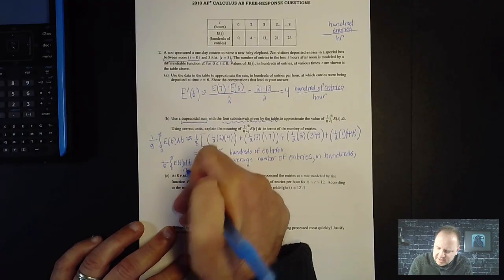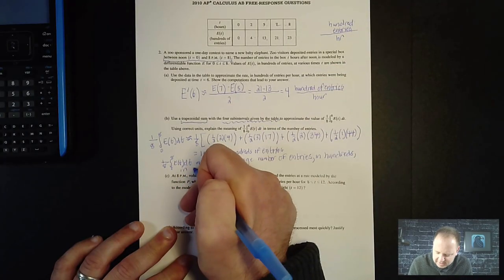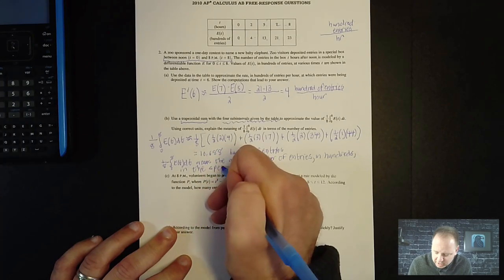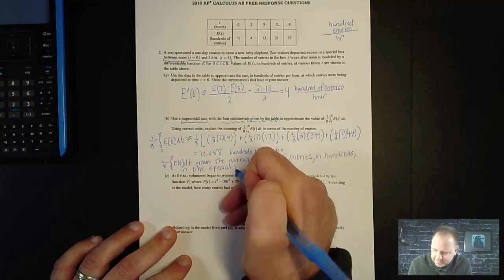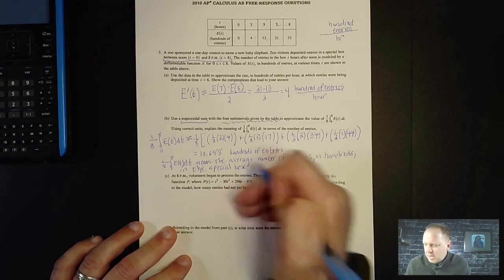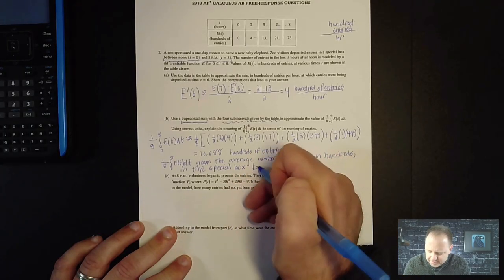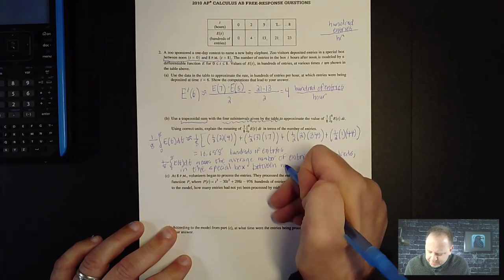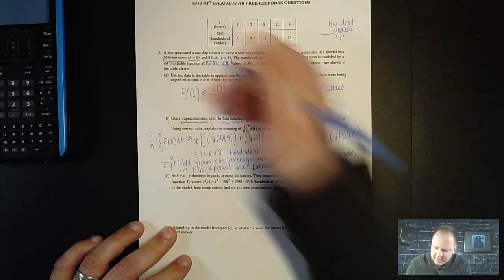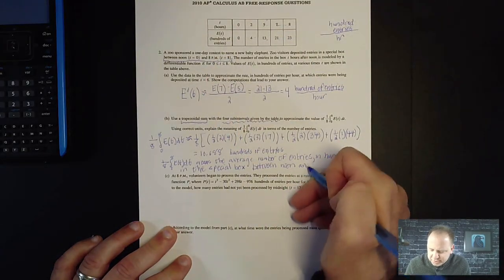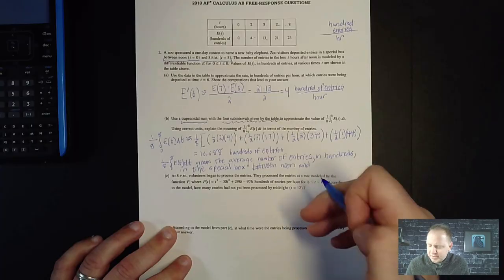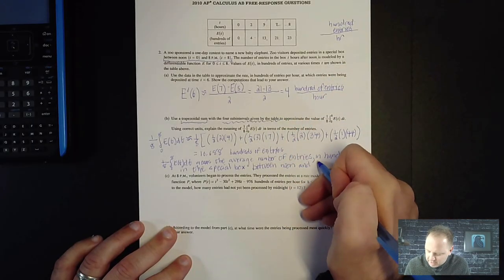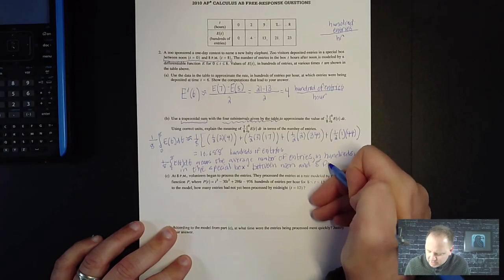Now use their words in the special box, between noon and 8 p.m. Now, I've seen a lot of my students use t is equal to 0, t is equal to 8. Use it in the context of the actual situation, noon and 8 p.m.